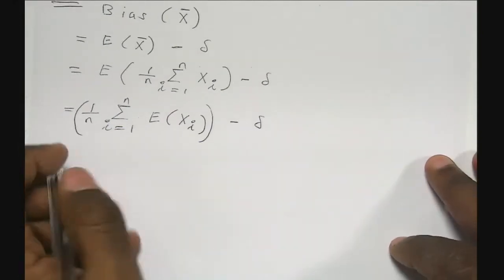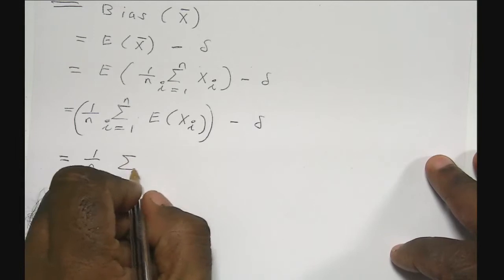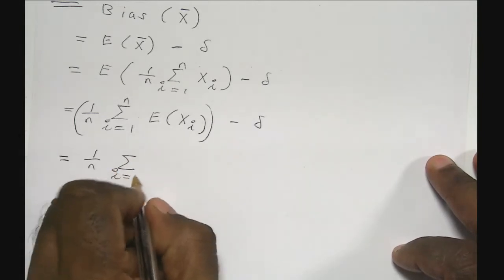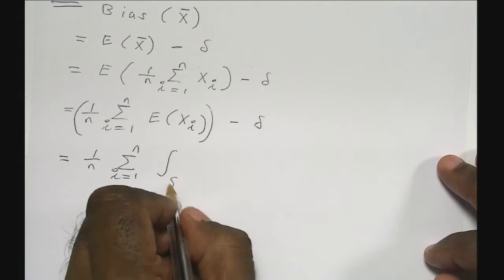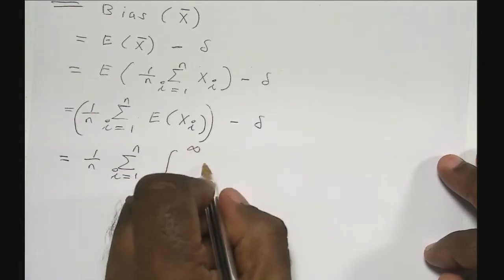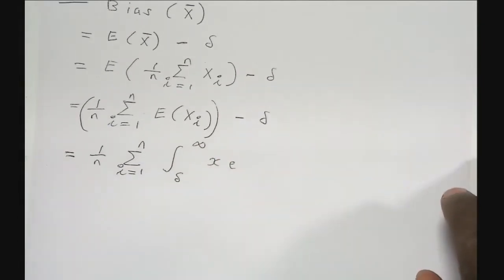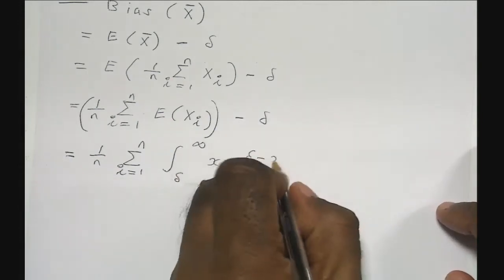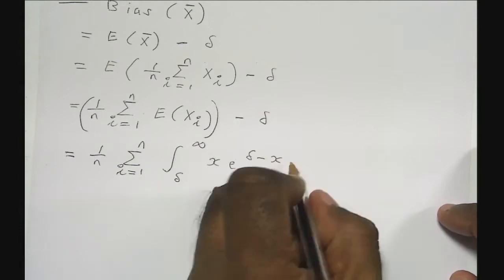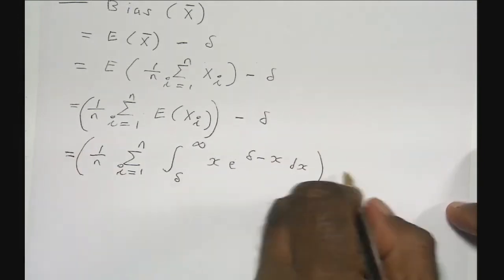What do you need to do, guys? You need to integrate the density from delta to infinity of x times e to the power of delta minus x, dx, minus delta.